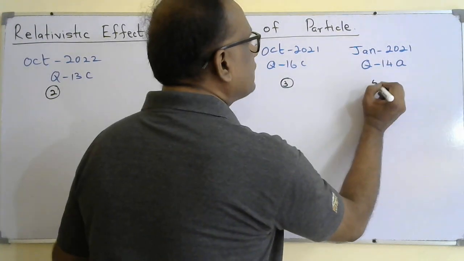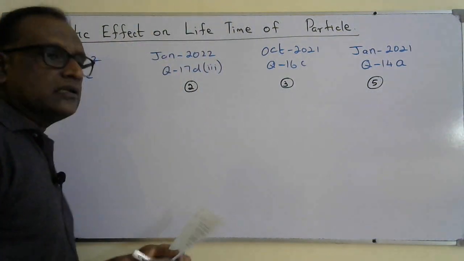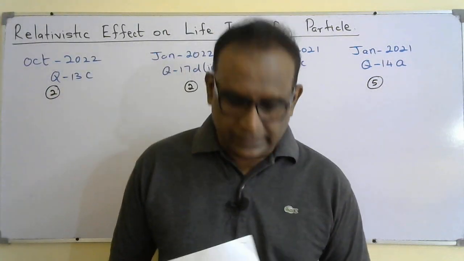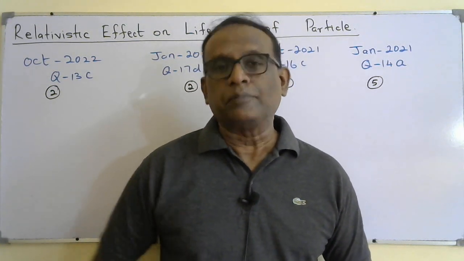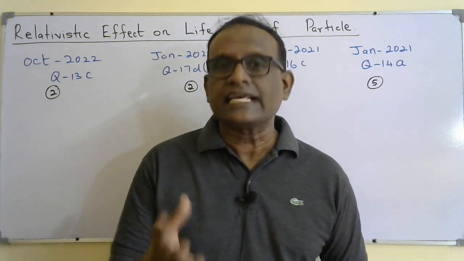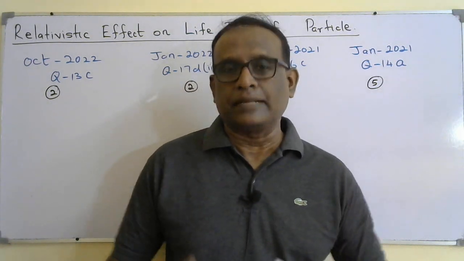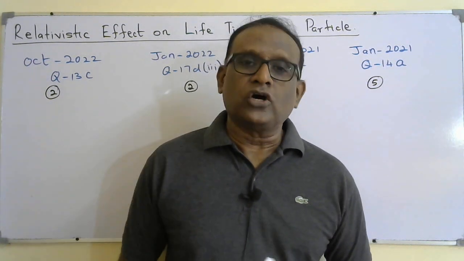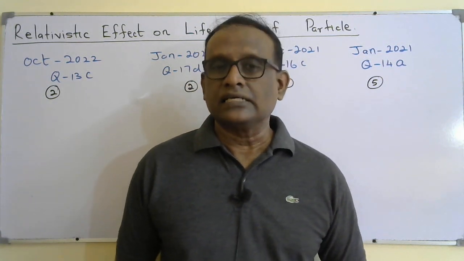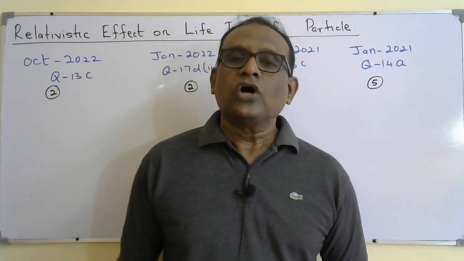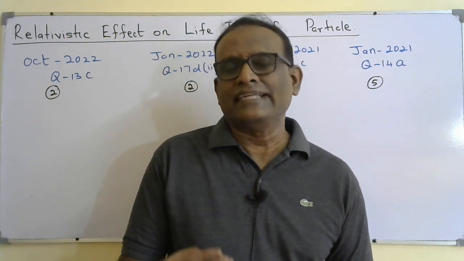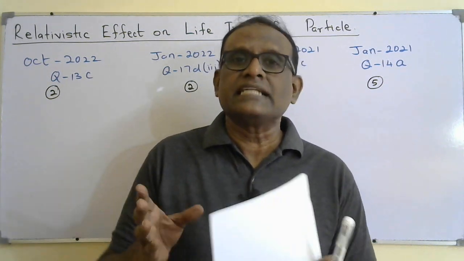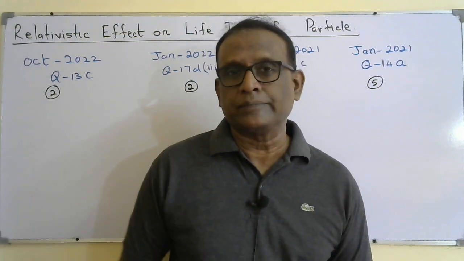Okay, so the question is like this. All questions are similar actually. When a muon is created in a laboratory, you know a muon is a fundamental particle, it's a lepton. When the muon is almost at rest or moving at very low speed, its lifetime is lower.